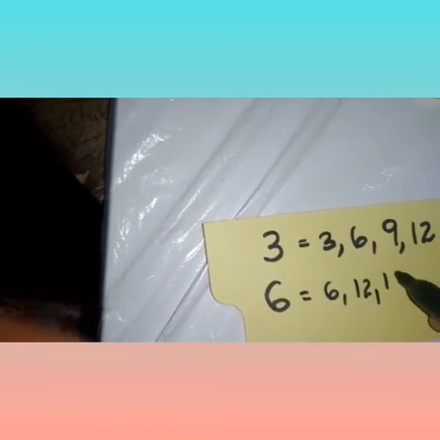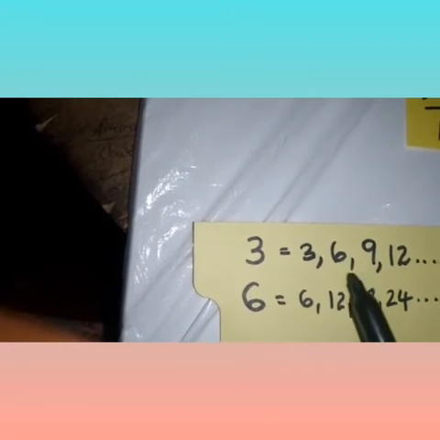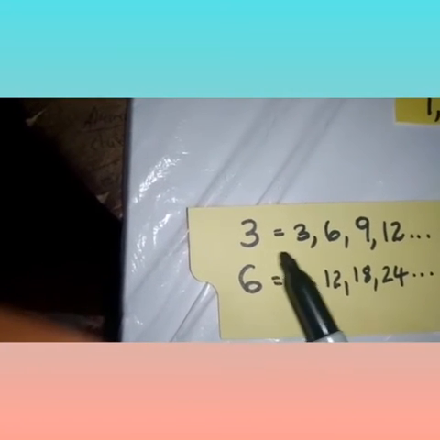Now the multiples of 6 are 6, 12, 18, 24, and it continues. So we're going to put 3 dots again. Now you will realize that for these multiples, you're actually adding by the number that you're given. So even though you can multiply, you can also add to find your multiples.